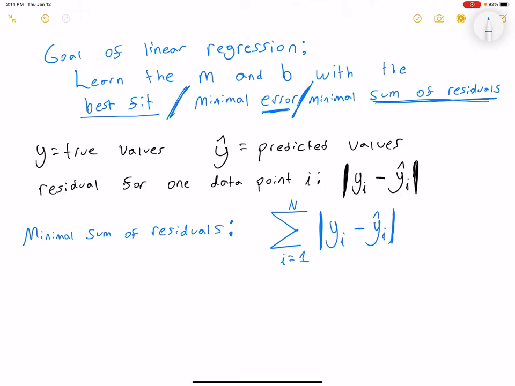So data point index 1 up to index n, it's like an index in a for loop, of data point i's true value minus data point i's predicted value. And you take the absolute value. So this is what we want to minimize.